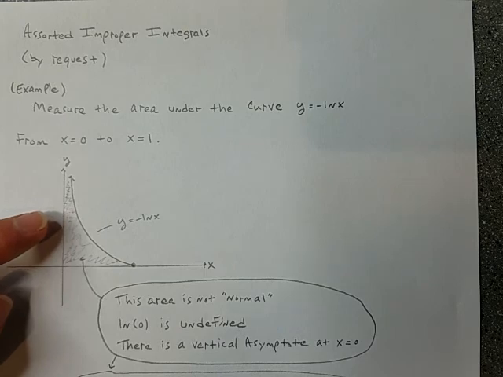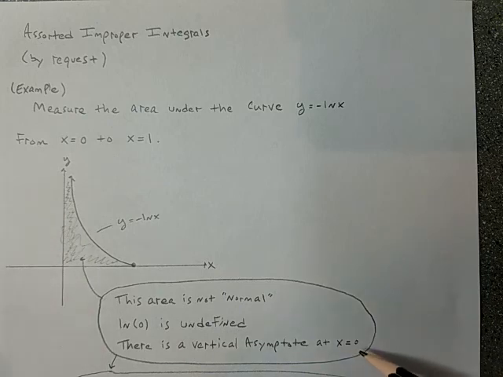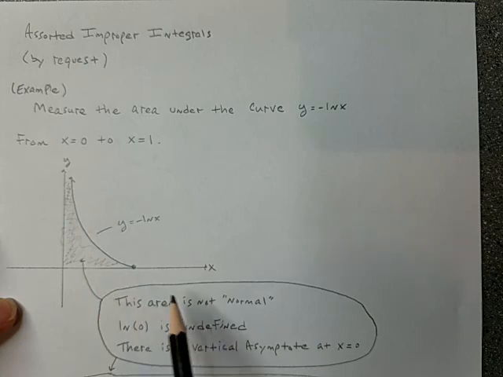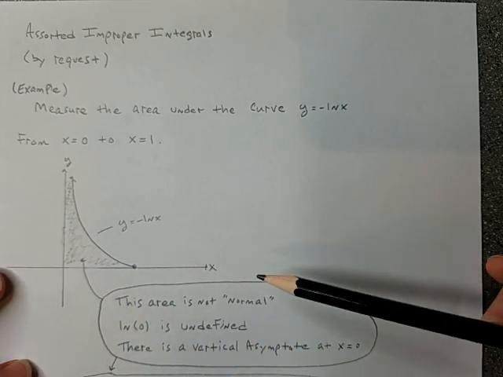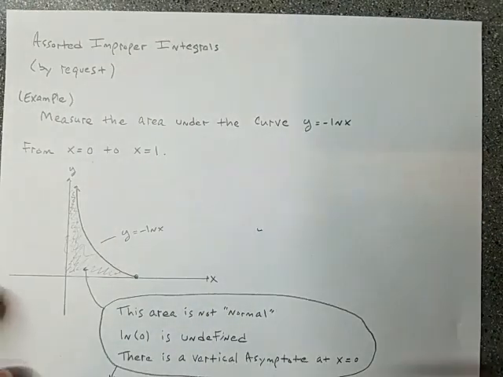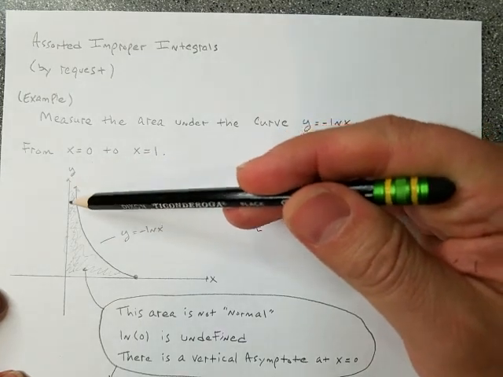It has a vertical asymptote at the y-axis, which is the same thing as the vertical line x is equal to 0. And if you wanted to measure the area there, that's not normal because there's no point on the curve at 0. There's nothing there. The curve climbs up to infinity. It never touches the y-axis.